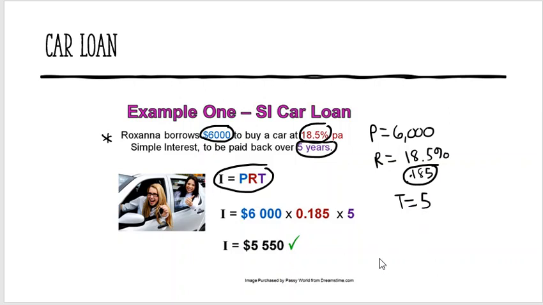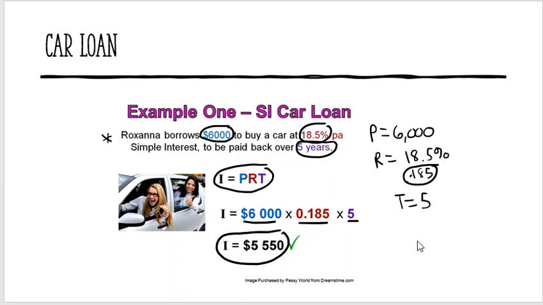Okay, now to calculate the interest, or the I, we plug in $6,000 for the P, we plug in 0.185 for the R, we plug in 5 for the T, the time in years is 5 years, we multiply all of those together and we get $5,550.